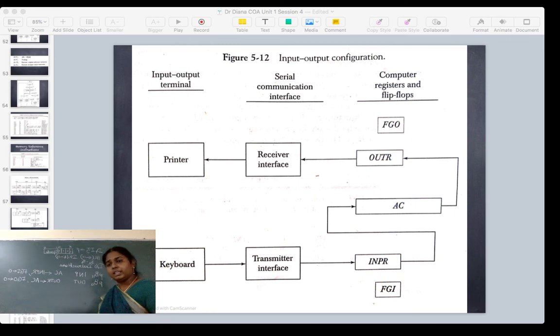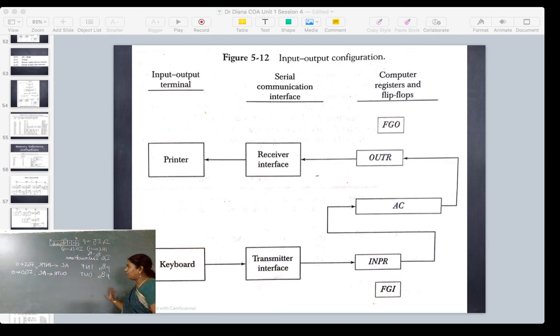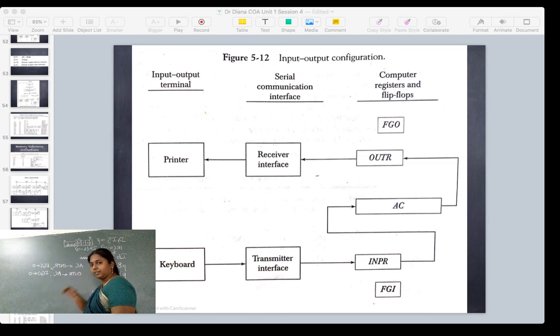Once it completes, the interface will know when the output has been completely received. Only after that, the interface by itself will set this flag bit FGO to 1. Until that time, this flag bit is going to be 0.